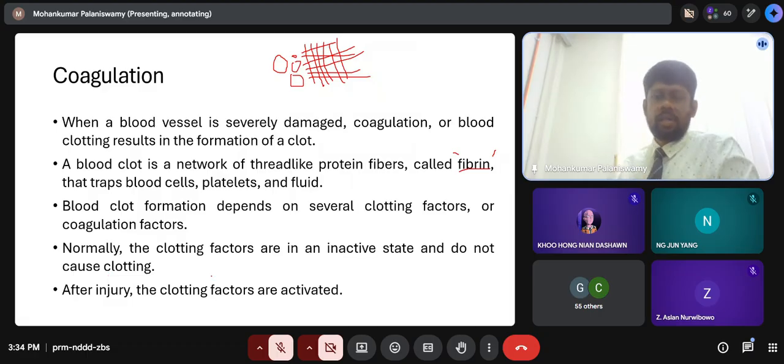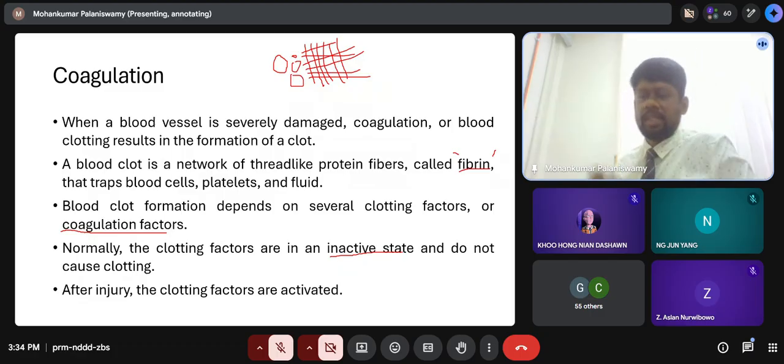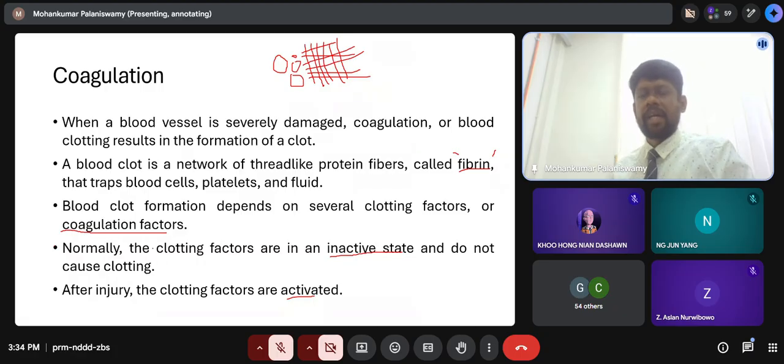That is, they are not active, but still they are present in our body. After injury, these clotting factors are activated. So once we get the injury, these coagulation factors are activated and hence this fibrin forms the trap, what to say, the clot.